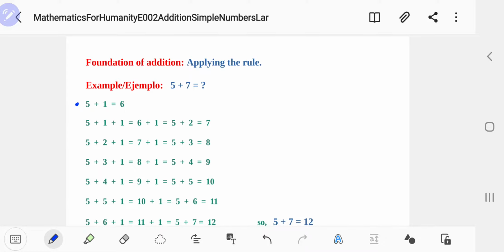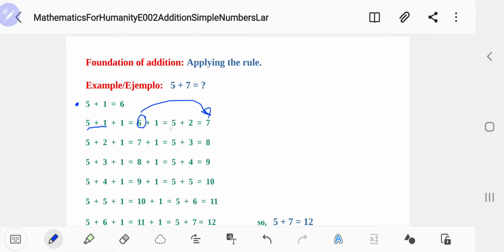How about 5 plus 1 plus 1? This one is 6, and you're adding 1. So 6 plus 1 would be 7.